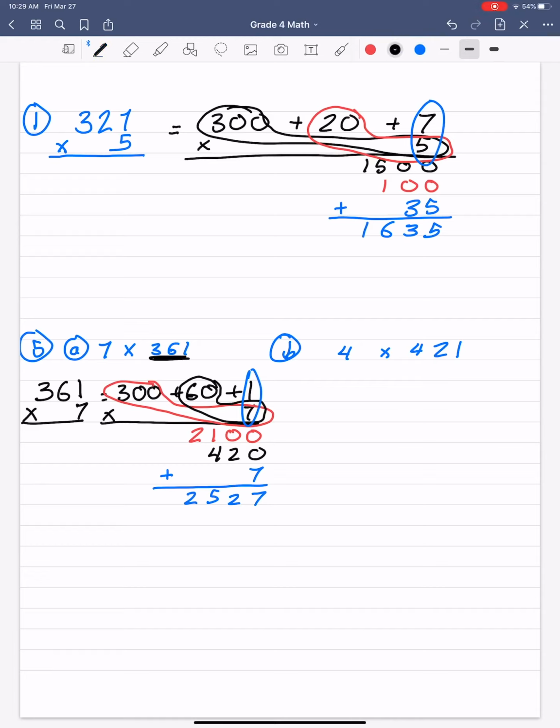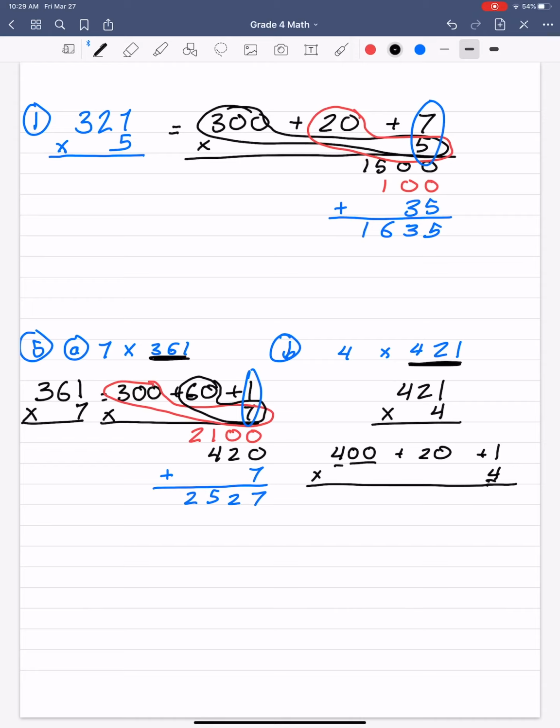We'll do one more example, which is 5B. So let's change this again to a vertical placement. Put your greater number on top. 421 times 4, and then change that into expanded form. So 400 plus 20 plus 1 times 4. All right, so 4 times 4 is 16.